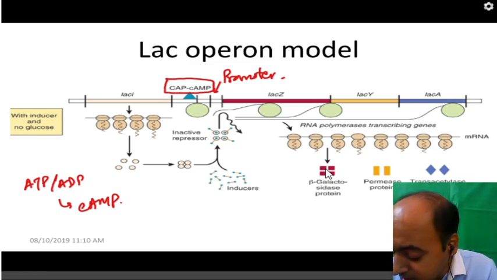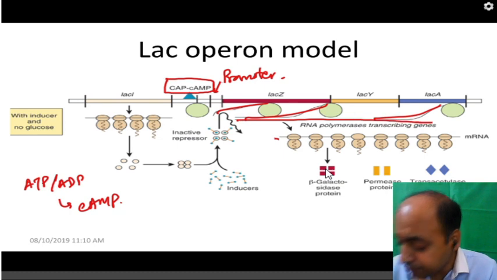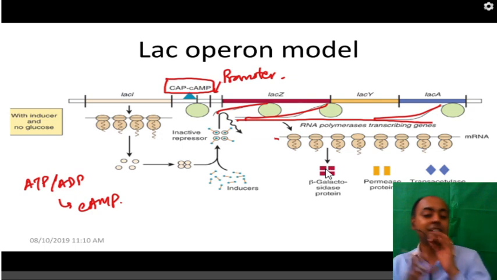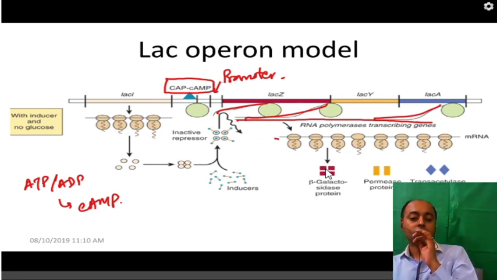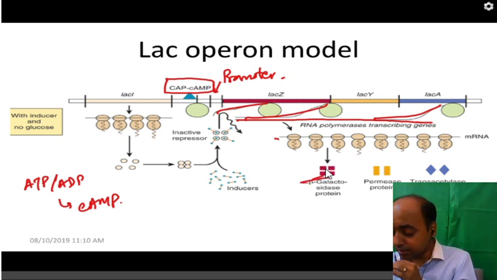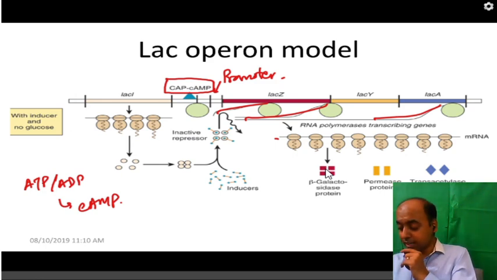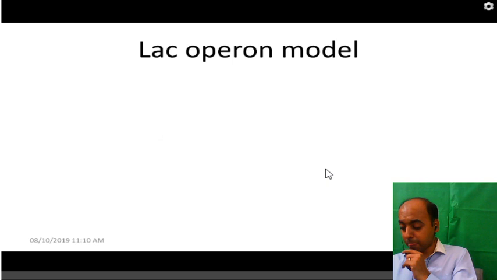Once it gets attached, it will start the transcription and we get one common RNA. One continuous RNA is formed by the action of the polymerase at the three different genes. Once the RNA is formed, it gets translated into the different proteins. So this is the lac operon model. Let's note down the other points that are commonly asked in the exam.